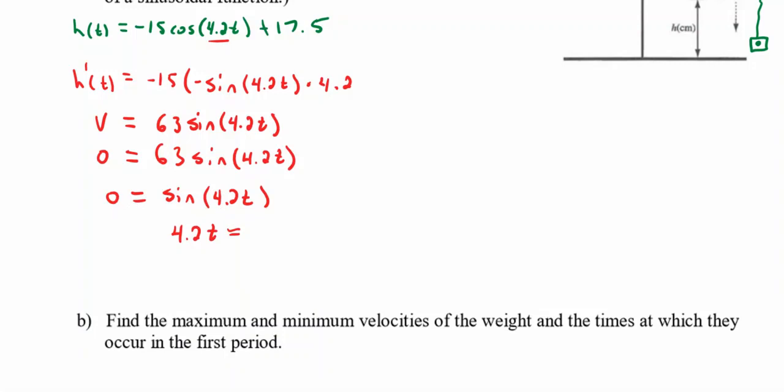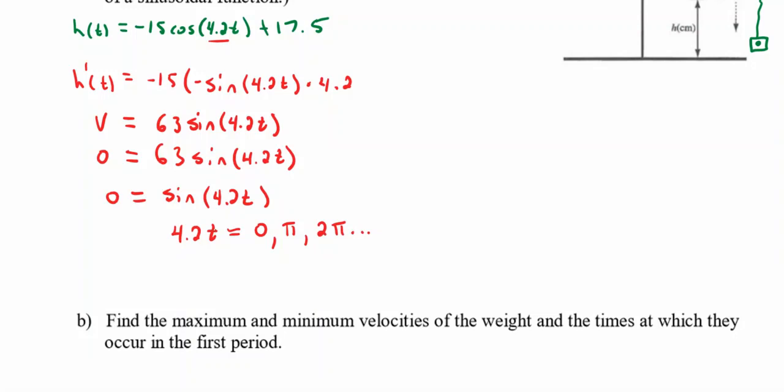So an angle of 0 degrees, you can picture that unit circle in your mind, the height on the y would be 0. So it happens there. It would also happen at pi. You go 180 degrees around, you have a height of 0 again, your sine value is 0. And then again at 2 pi, and so on.